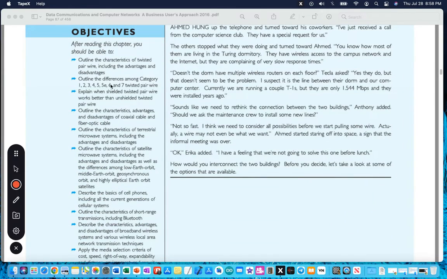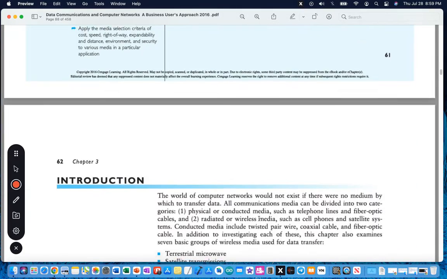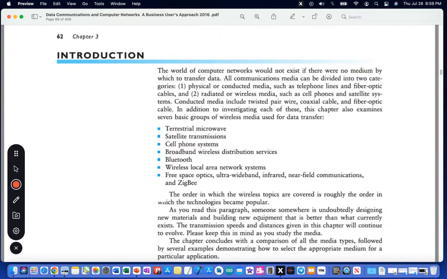And these are the objectives to be covered on the left hand side, and we'll go through that. And the introduction shows that it's either physical or conducted medium, or radiated or wireless medium.